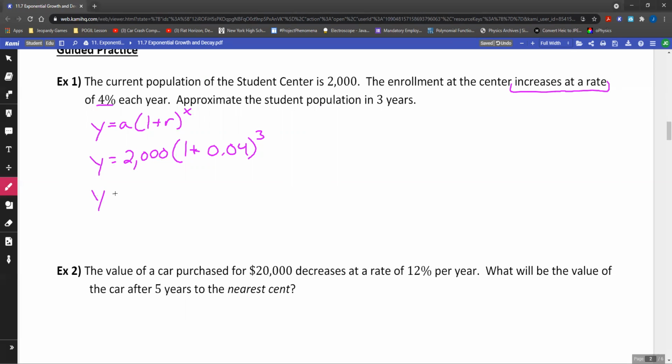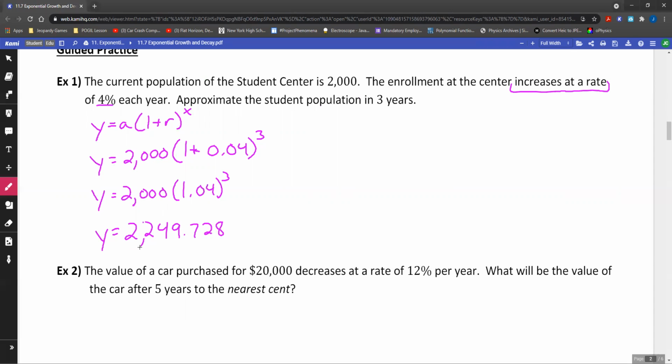So just to clean this up a bit, 1.04 to the third power. Going into our calculator, typing in 2,000 times 1.04 to the third power, and we get 2,249.728.